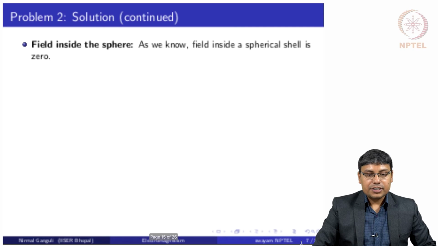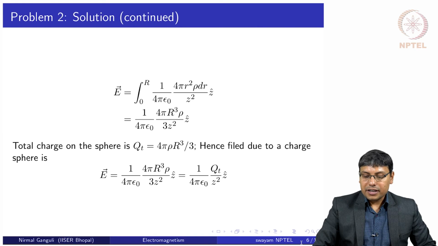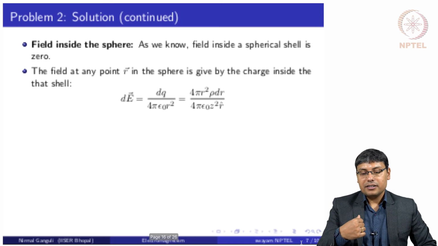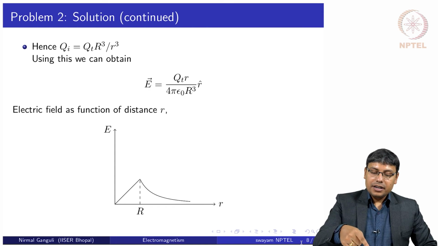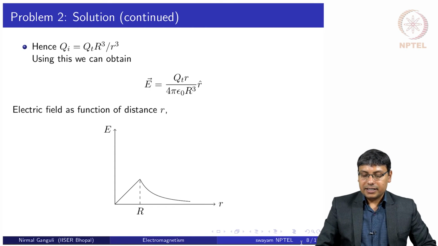From the expression here, outside the electric field goes as 1 over z squared, 1 over distance squared. So, it will have a decay like this, 1 over r squared kind of a decay that we have plotted here beyond capital R.